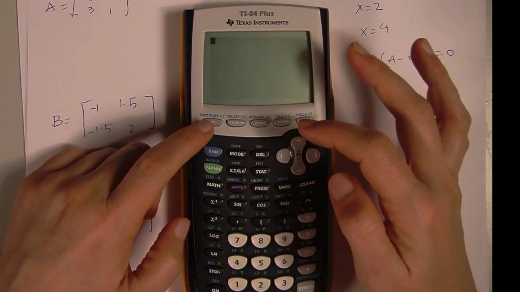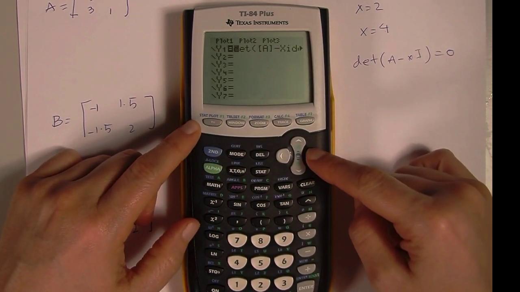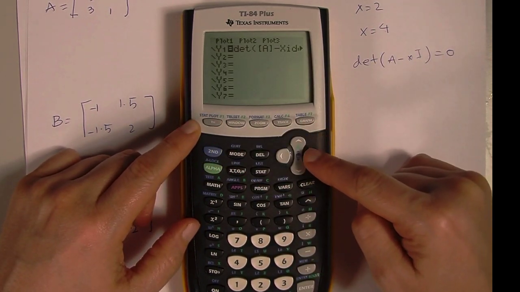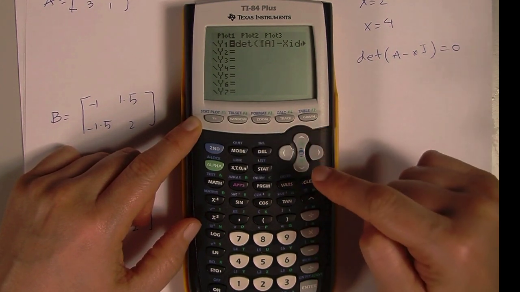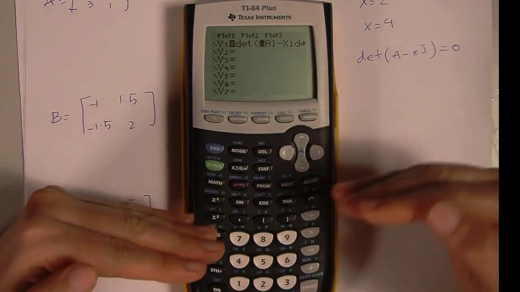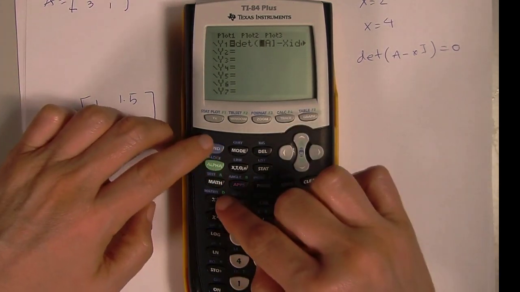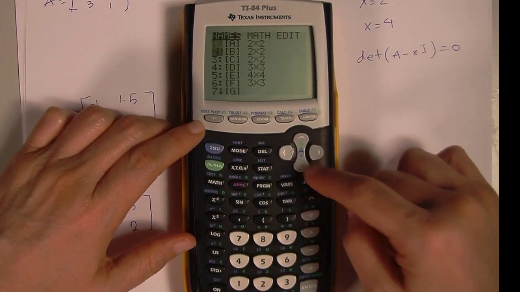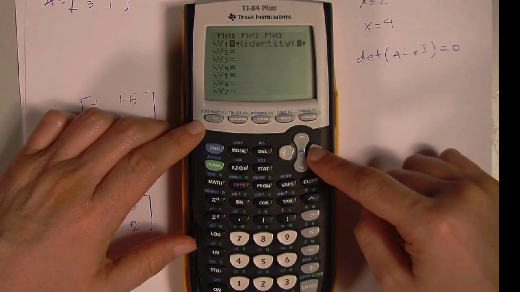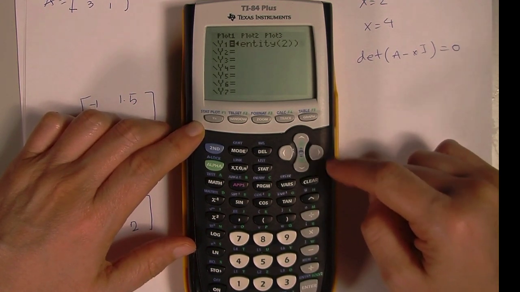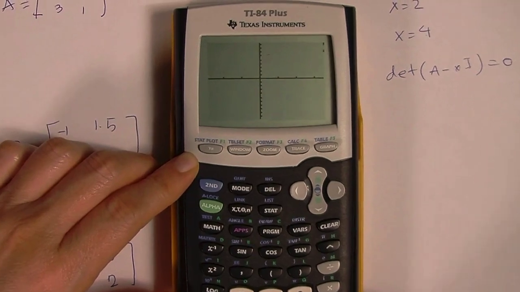Then I quit this environment, I go back to Y. Determinant A minus x. Oh, I don't have this matrix in A, I have it in B, so I go to B, minus the x identity 2. Now I graph again.